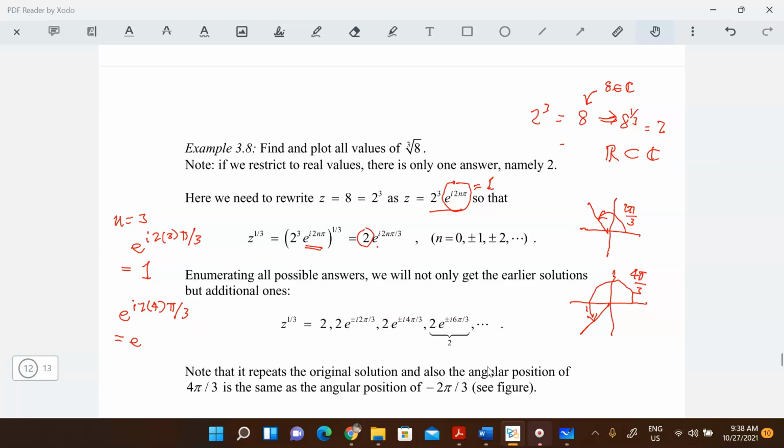So 8 pi over 3, where can I get that from?